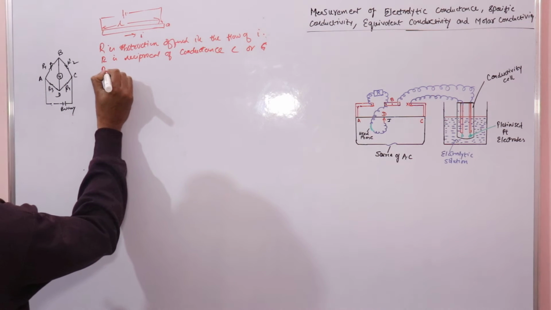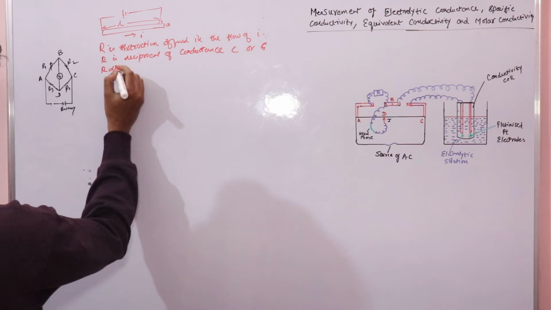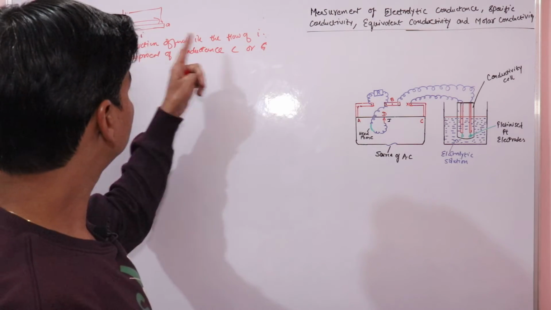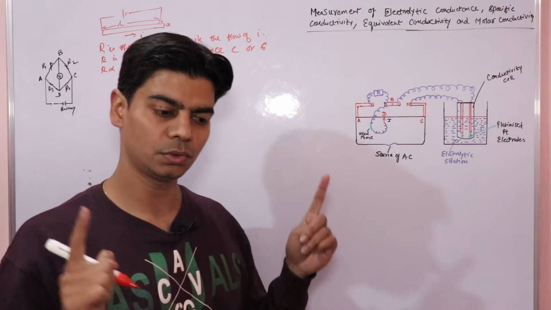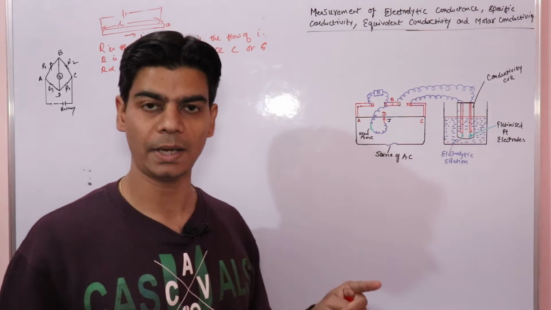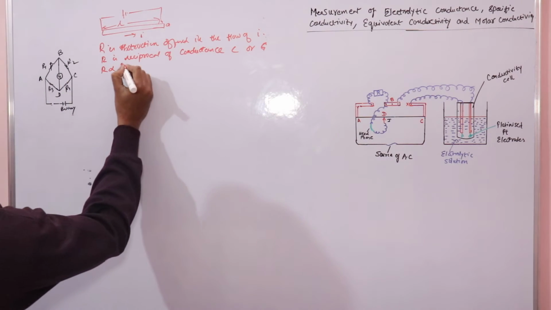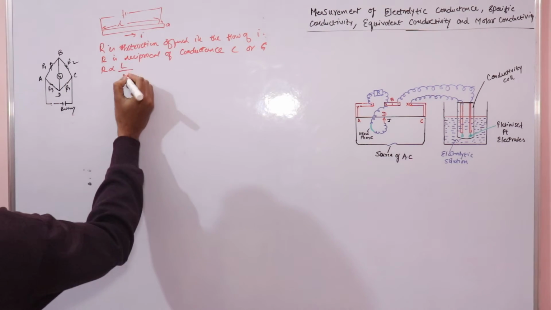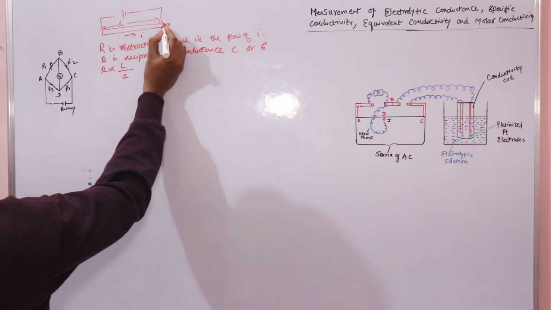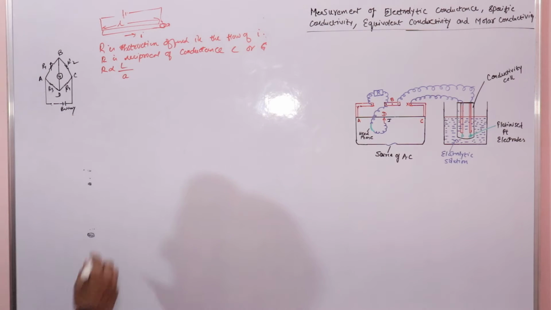There is a formula derived for resistance. Resistance is directly proportional to the length L of the conductor and inversely proportional to the area of cross section A, the thickness of the wire.